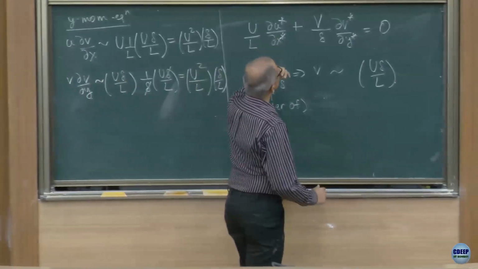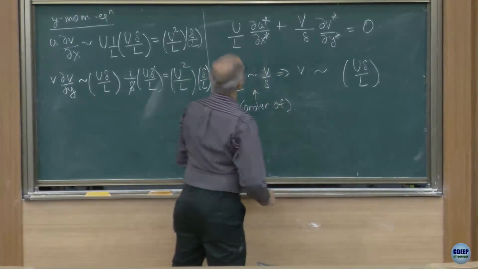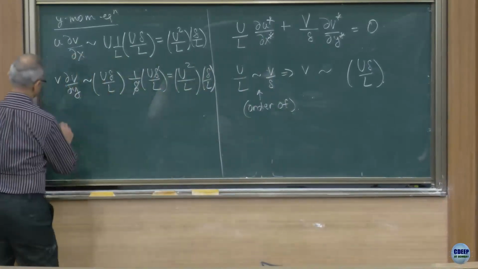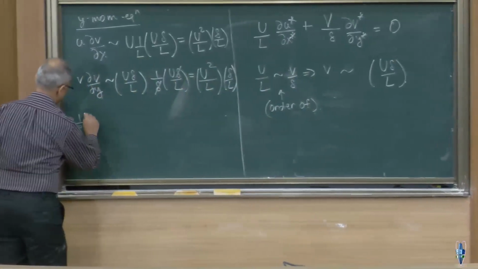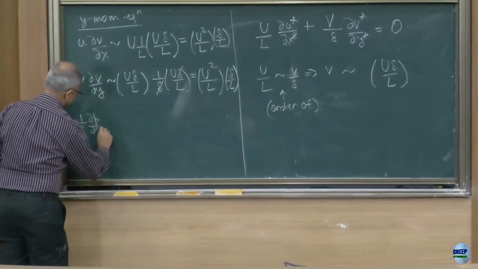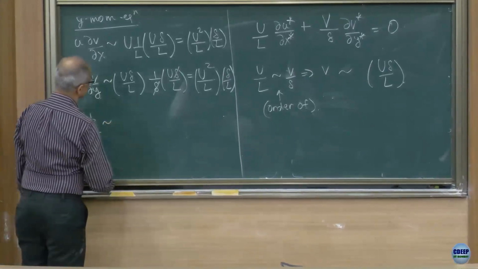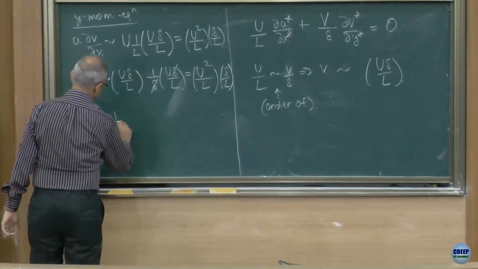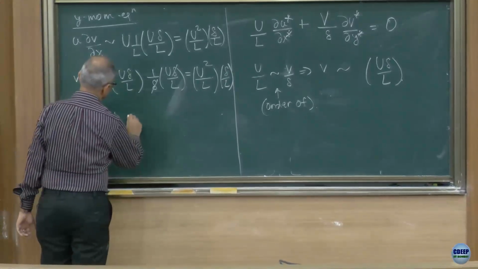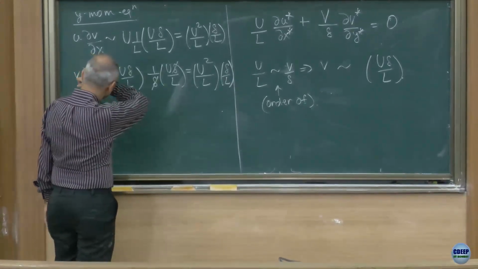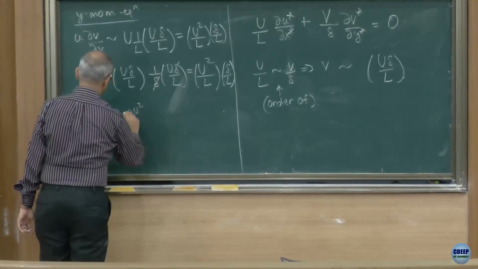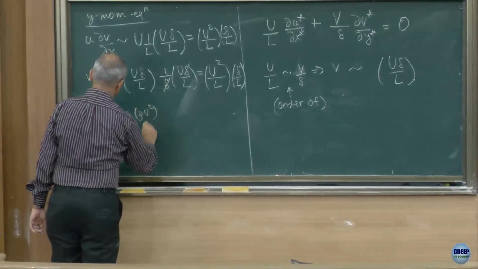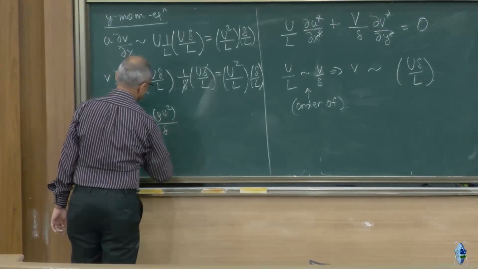Okay, now let us look at the pressure term, 1 by rho dP dy. So this scales as 1 by rho. Now pressure typically scales as rho times u square, so that's what we will use, and then this is delta.